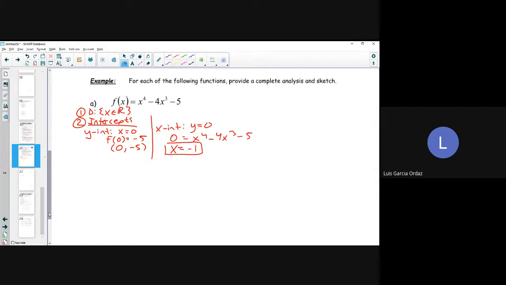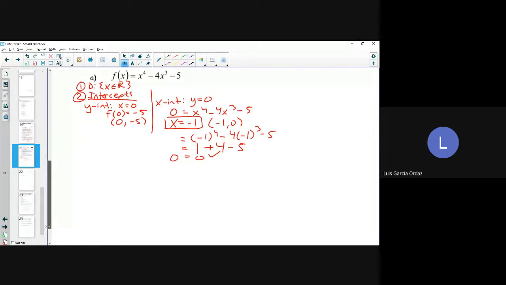So my x-intercept would be at (-1, 0). The reason is because we get negative 1 to the 4 minus 4 times negative 1 cubed minus 5, which gives me 1 plus 4 minus 5, which gives me 0 is equal to 0, which means that it is my x-intercept. Perfect.